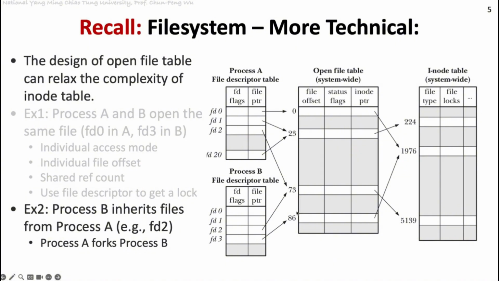But if process B only reads the information, then it can purely share with process A. Okay, so this is how forking, this kind of inheritance, influences these structures. Okay, so that is for the file descriptor part.